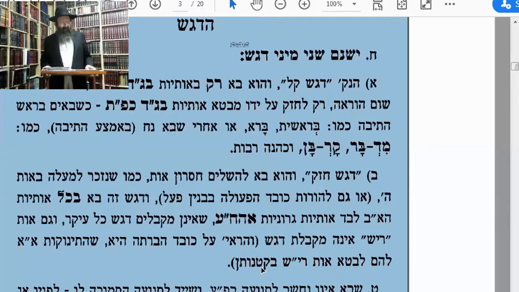I'm going to try to open the siddur again, because there's something very interesting I want to share with you. Let me go back. Which Mendel is that? Oh, good. I'm going to show you something which I'd like you to analyze.